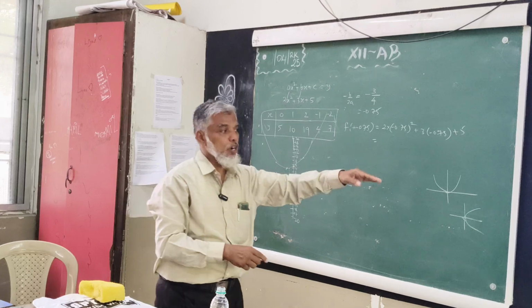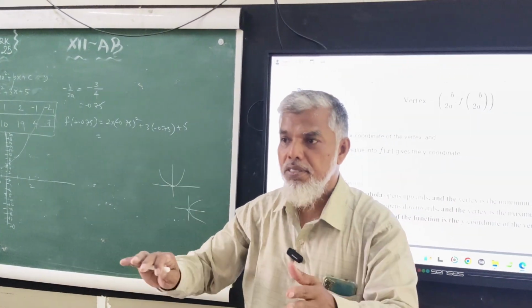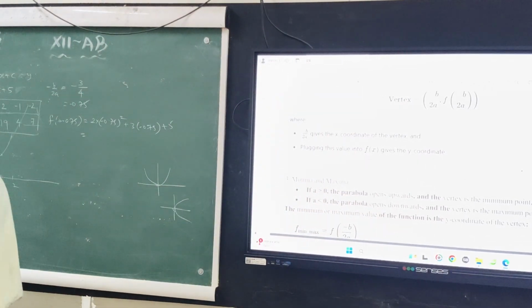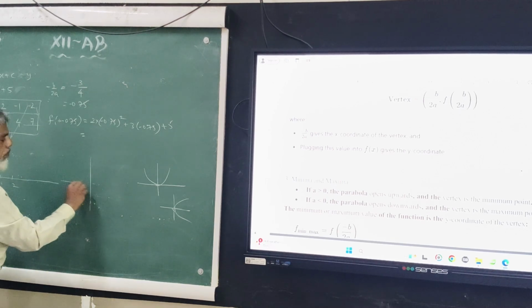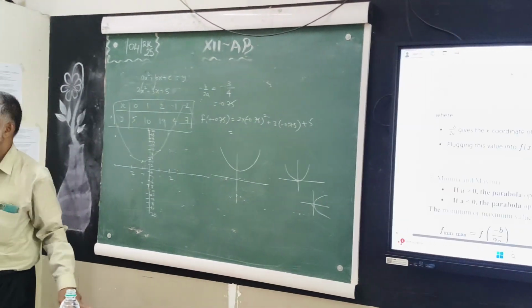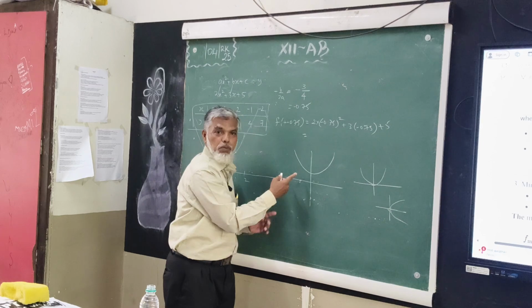So the minimum point or maximum point occurs at the vertex. Have you understood the concept? If you have a doubt, it is mentioned. What is this? Parabola, correct? Where is the minimum value?